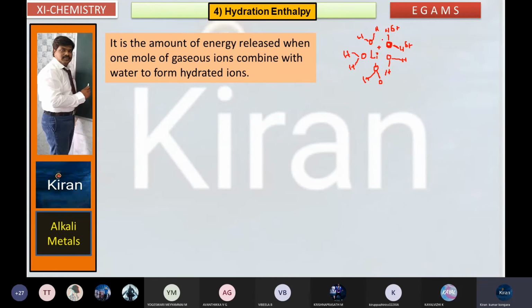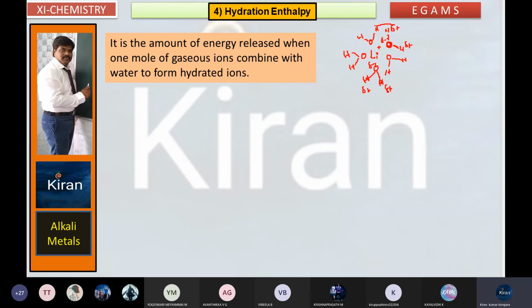So here delta minus, two minuses. Here also the same, H2O: this is the oxygen, this is the hydrogen, this is delta plus, and this is delta minus. So this plus charge and this partially negative charge attract each other.